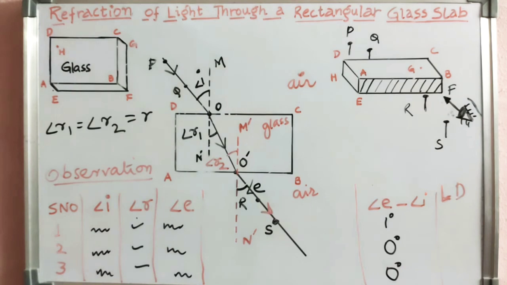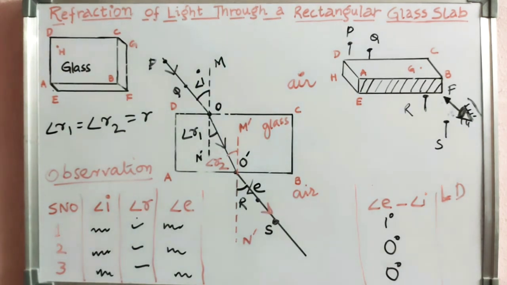If you get more than that, angle E minus angle I, the examiner is going to cut your marks in the practical. It shows that you have not done the experiment properly. Do it again. Angle of incidence is equal to angle of emergence.